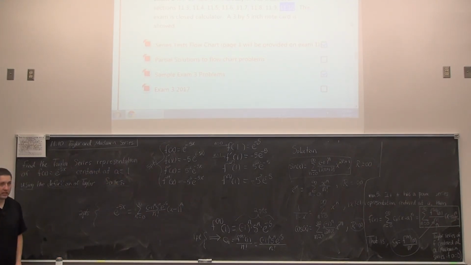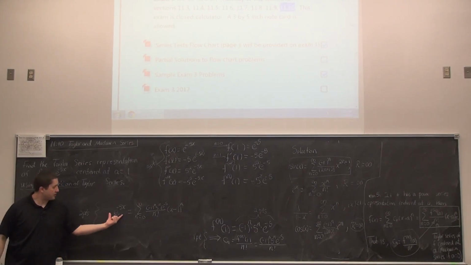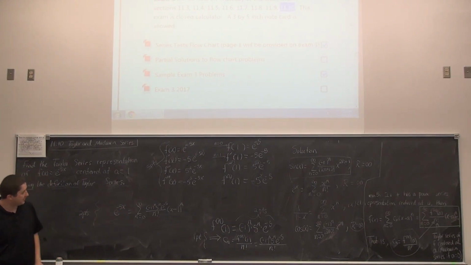So I'd call that 2 points to summarize by saying this function is in fact equal to this as its Taylor series. And that Taylor series representation turns out to have R equal to infinity once again.